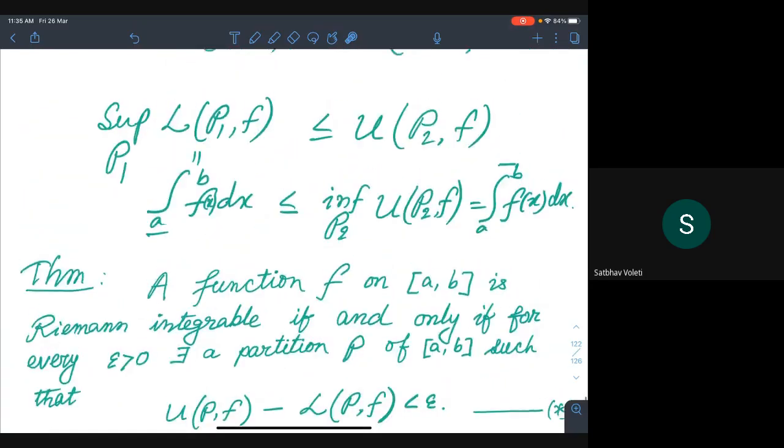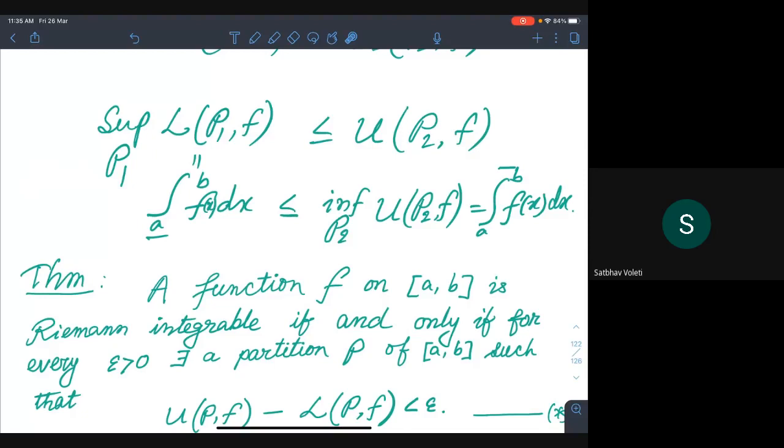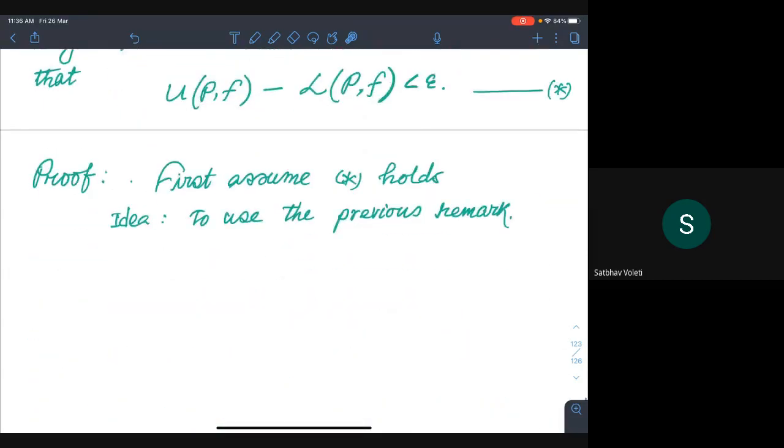So the idea to prove is to use this stuff, that the lower integral is less or equal to the upper integral, and any lower sum is less or equal to the lower integral, and any upper sum is greater or equal to the upper integral. So here we use that.